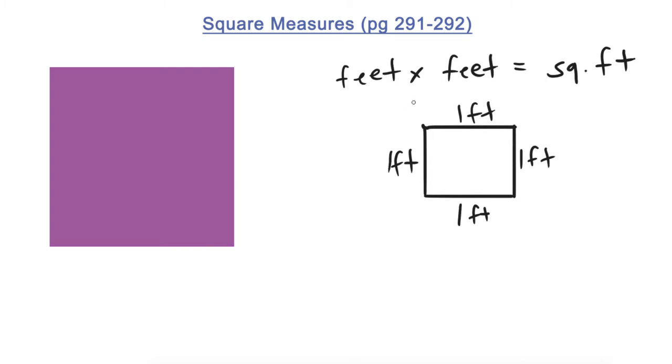I have my amazing purple square here, and this square is 1 foot by 1 foot, so it is 1 square foot. This square represents 1 square foot, meaning all four sides are 1 foot wide.